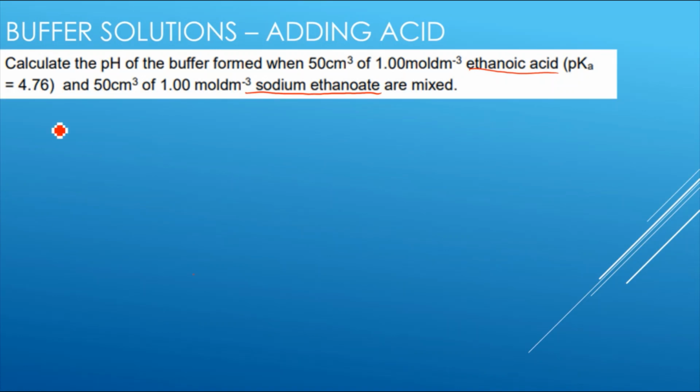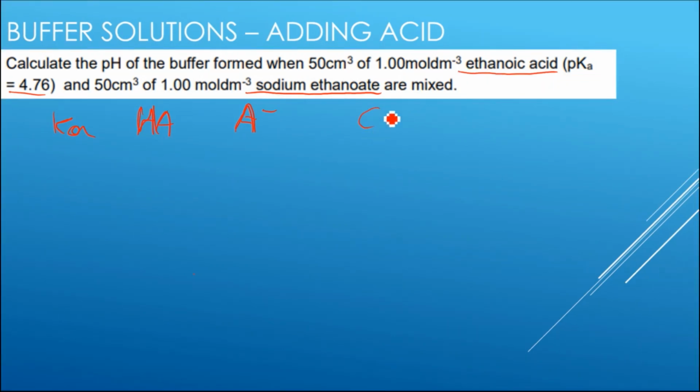The three things are the Ka value. For this question we've been given the pKa value, but we can get the Ka value from there. We need the weak acid concentration, and we also need the concentration of the conjugate base of that weak acid.